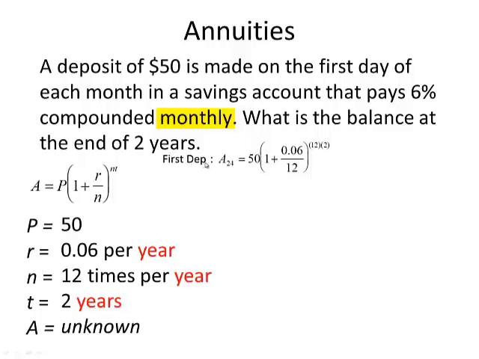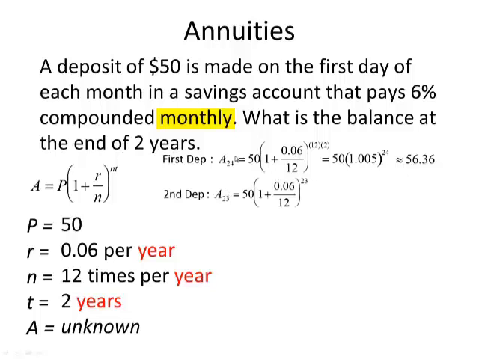So that's how we get our first payment, how much money we're going to get from our first deposit in there. The first deposit is going to be in there for 24 months, and we're going to get $56.36 approximately, rounded to the whole penny. So if you put $50 in, after 2 years you get an interest of $6.36 added to your $50, so you really have $56.36.